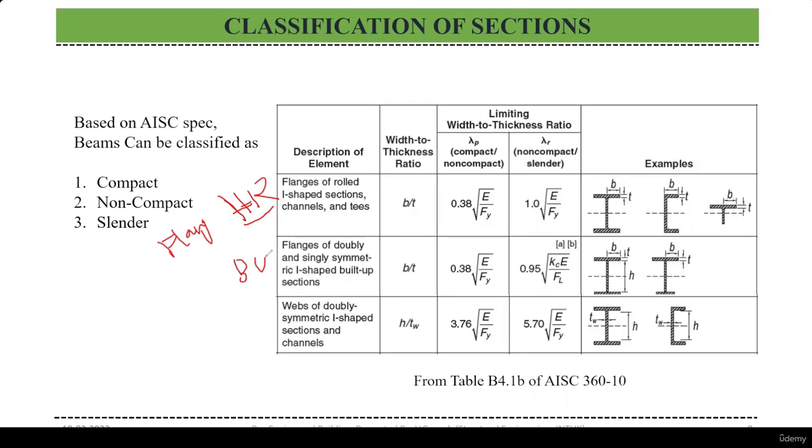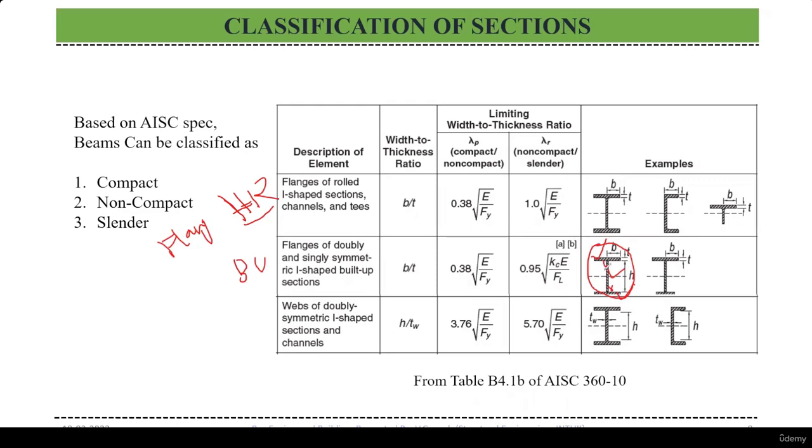Whereas the term built up itself indicates that they build the section by using different plates. Suppose if you see here, this is one flange plate and this is one web plate, and there is one bottom flange plate. All these plates will be connected to form an I section by using welds at the joints.